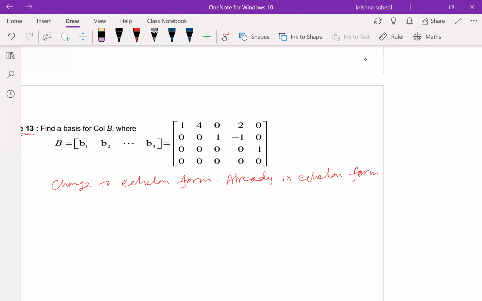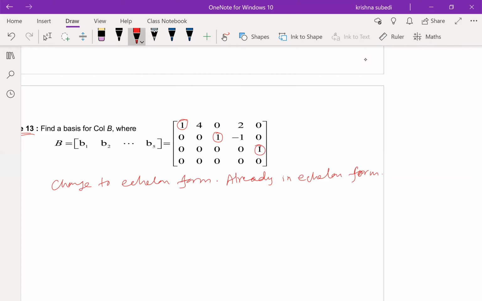So what are the pivot columns? Let us look at the pivots. This one is a pivot, meaning the basic variable we are looking for. So this one is a basic variable, a pivot, and this one is another pivot, and this one is another pivot.